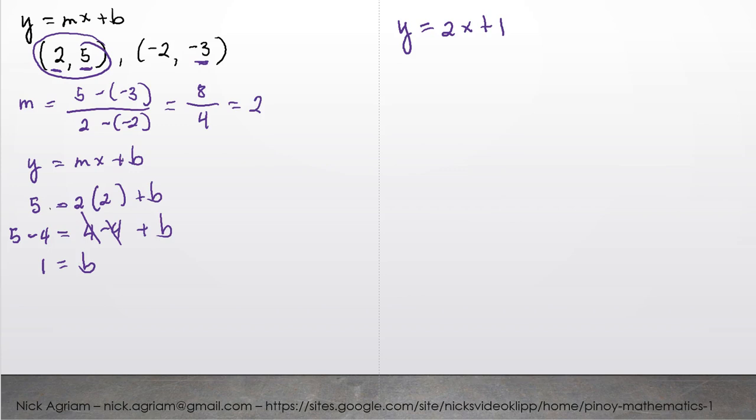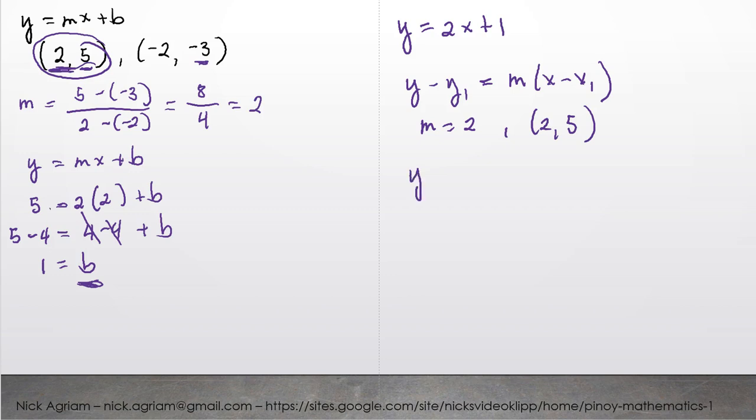There is also what they call the point-slope form. That means it looks like this. If I know the slope, I can use y minus y sub 1 is equal to m times x minus x sub 1. What this means is that I don't need to look for b. I can just solve for my equation. For example, I have 2 now. This is my m. And then my point is 2 and 5, like what I used here.